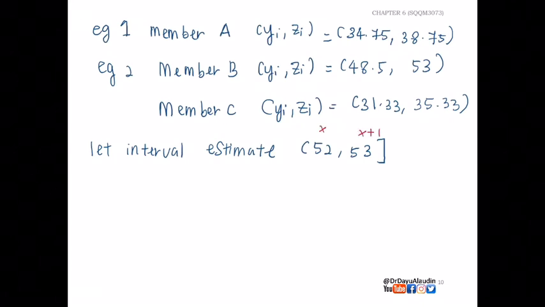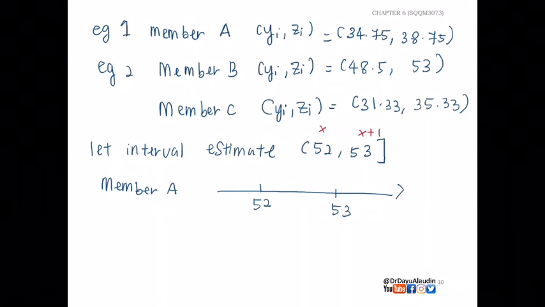So before this we used x and x plus 1. So x equals 52, x plus 1 is 53. So for member A, if we draw the timeline, the interval estimate is 52 to 53.